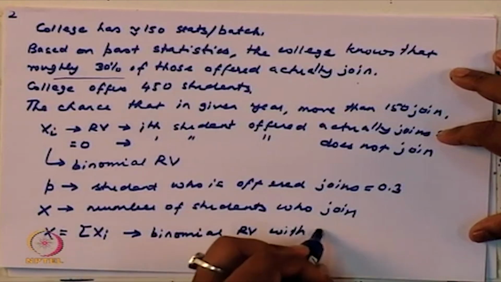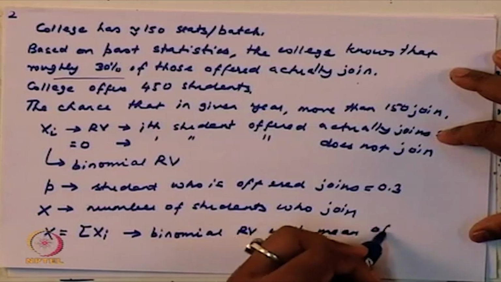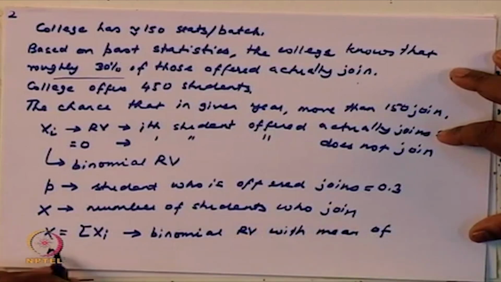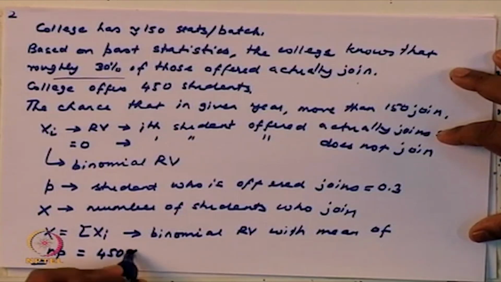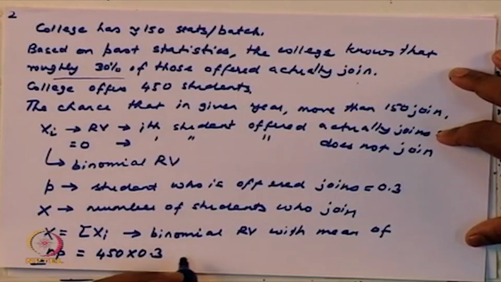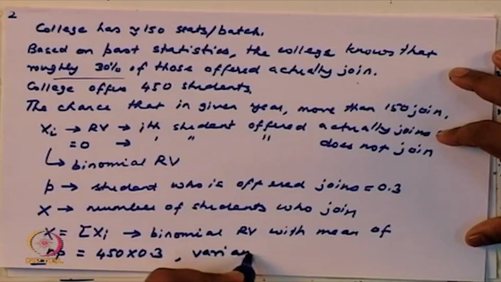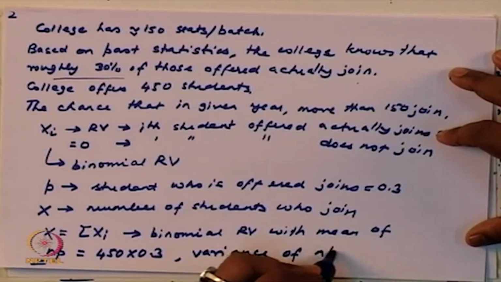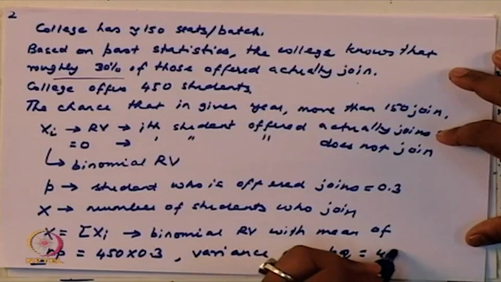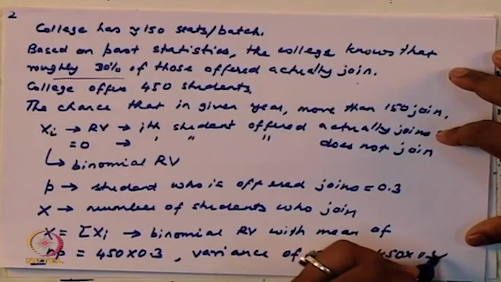with mean of n times p, where n is the total number of students offered, which is 450 into 0.3, and variance of npq, which is 450 into 0.3 into 0.7.